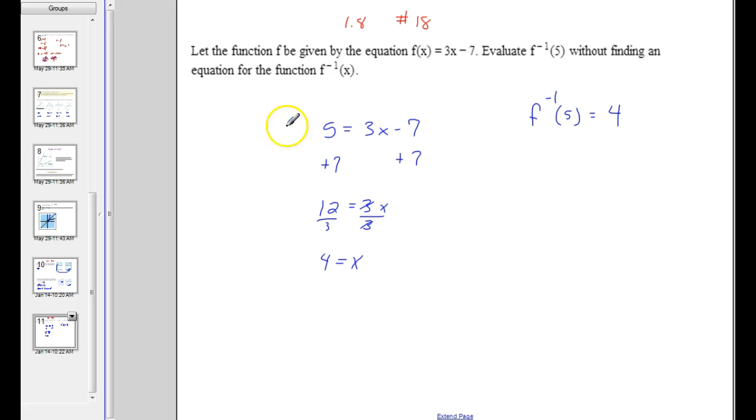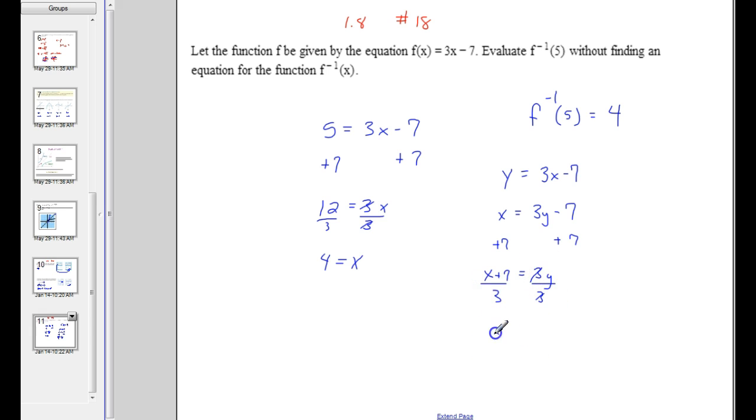Alright, now even though it says don't find the equation for that, remember the process would be take y in place of f of x and then switch the x and the y. You can do this to check anyway. Alright, add 7 to both sides, and then divide both sides by 3.